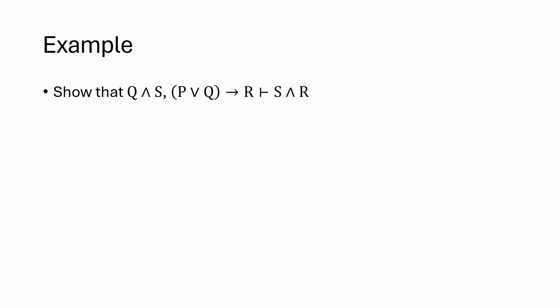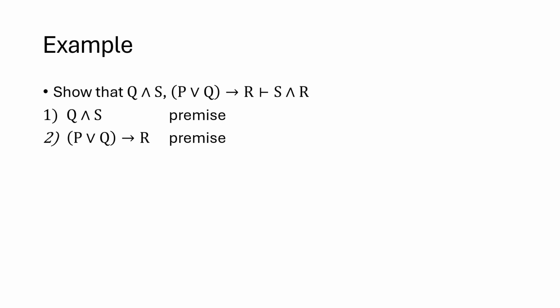Now here's another example. Again, I have two premises. Q and S is the first, and then if P or Q, then R is the second. And what I want to prove from these two hypotheses is S and R. So again, first line, second line, I list my premises. Now, I need to see which inference rules are applicable at this point.